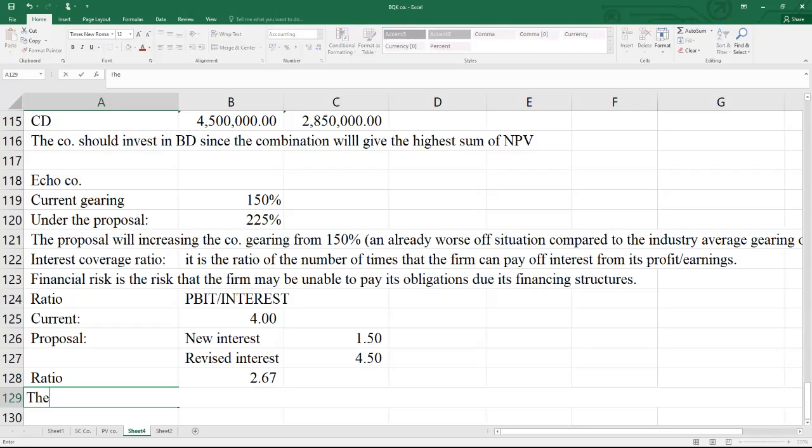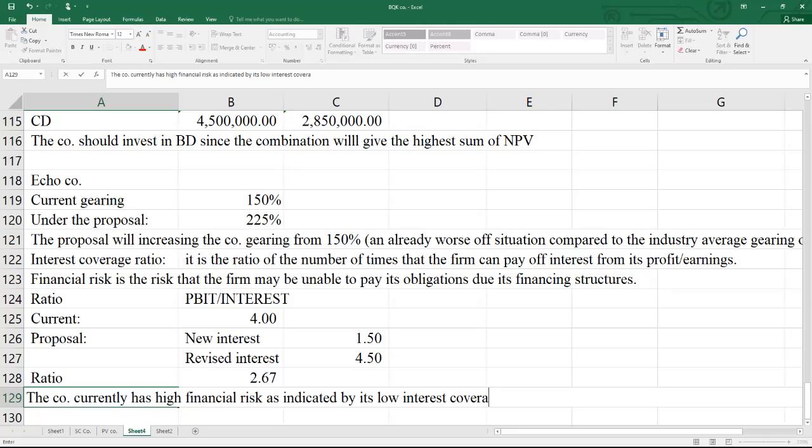The company, could you just make a comment? The company currently has a high financial risk, as indicated by its low interest coverage ratio of 4 times when compared to the industry, which is 8 times.